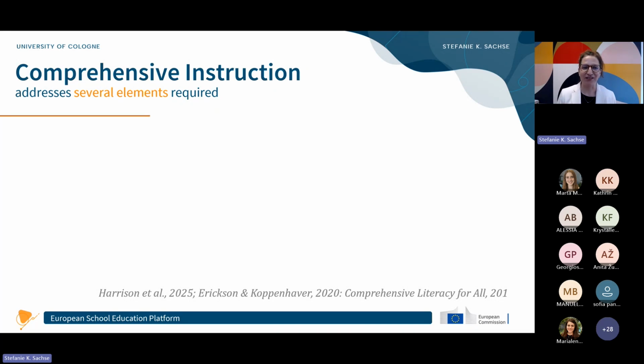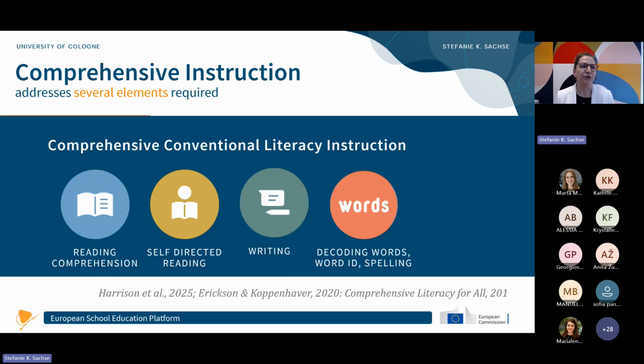I want to give you two examples today. The first one is for comprehensive conventional literacy instruction. With this visual sketch in mind, I'm looking at conventional literacy, when children start reading words, writing words, using this letter-sound connection, as we do in alphabetic languages.